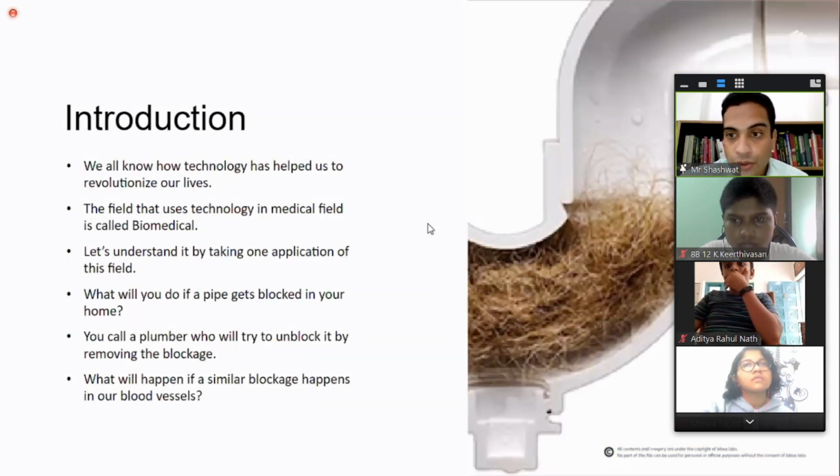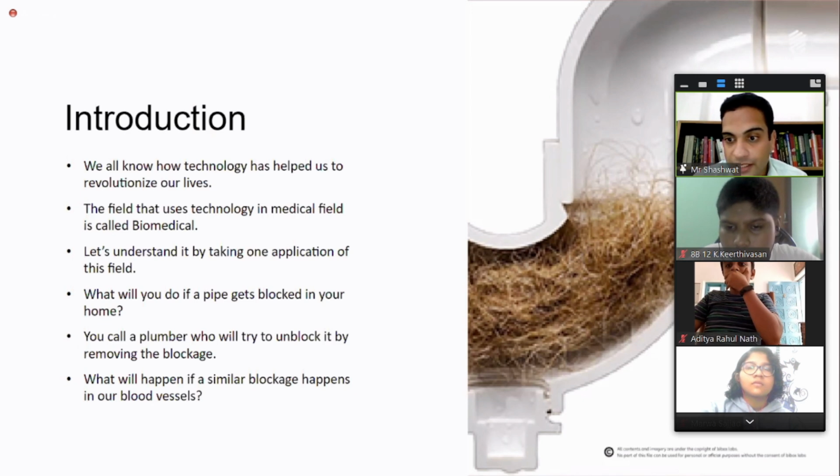All right. So technology is something which has helped us human beings move ahead. It has helped us evolve. Now, a field that uses technology in the medical field is called biomedical. Okay, so I hope you remember that term. Now, there is a picture on your screen, a depiction of a pipeline which is blocked.